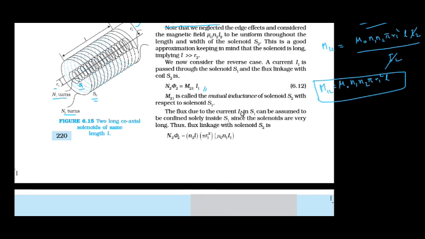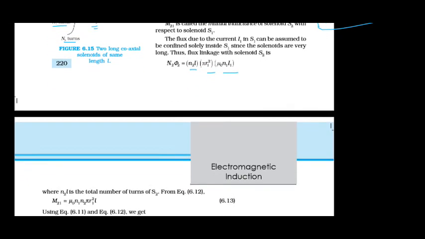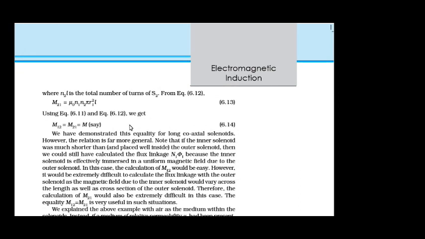The flux due to the current I1 in S1 can be assumed to be confined solely inside S1 since the solenoids are very long. Thus flux linkage with solenoid S2 is N2 phi 2, N2 L pi R1 square mu naught N1 I1. Same way we have derived the previous one, where N2 L is the total number of turns in S2.